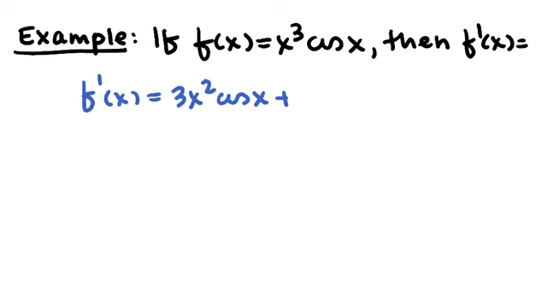And I'm going to add, leaving x to the third the same, the derivative of cosine x. It's negative sine x. Now, if you wanted to, you could rewrite this as 3x squared cosine x minus x to the third sine x. You could factor out a couple of powers of x if you wanted to, but you'd be no more correct than what I've got written right here. So I'm just going to stop right there.